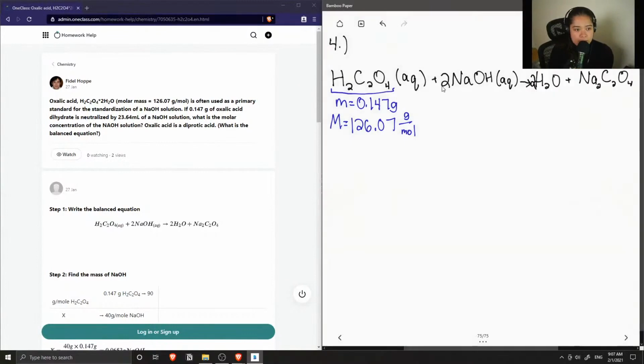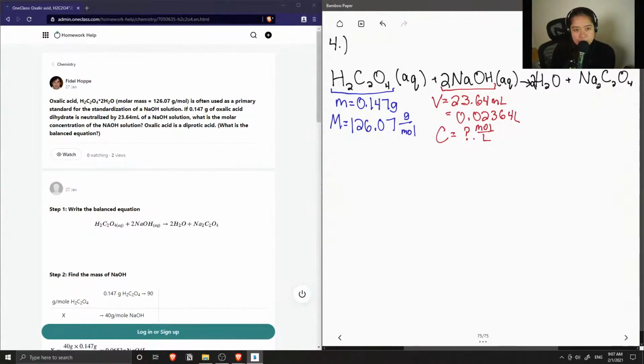And for sodium hydroxide, we know the volume that was added to neutralize was 23.64 milliliters, which we can convert to liters as well: 0.02364 liters. And we want to find out the concentration of sodium hydroxide. And its values are in moles per liter.